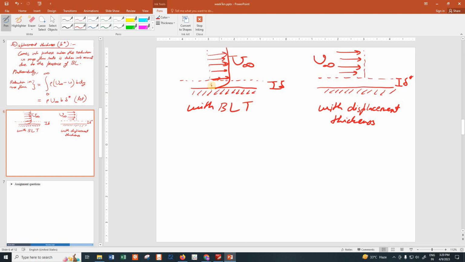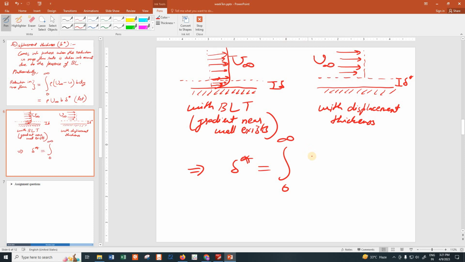So with the boundary layer thickness, you can see that there is a gradient in the velocity. So then one can basically rearrange it to get 0 to infinity dy.